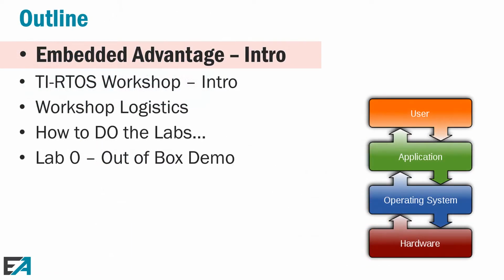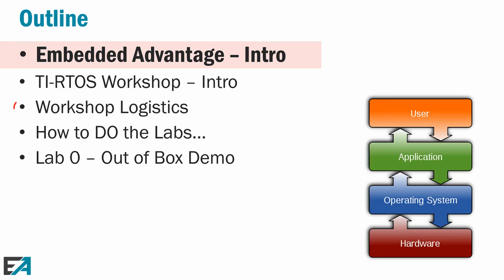Okay, makes sense. So here's the agenda for Chapter 0. First, we'll give you a short introduction to who Embedded Advantage is, our background, sort of our credibility statement, things we've done in the past. Then we'll talk about what you're in for in terms of the agenda for the entire TI-RTOS workshop.